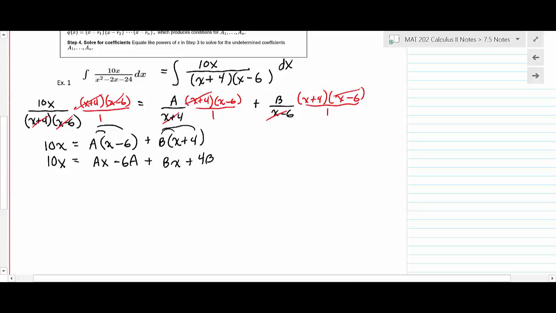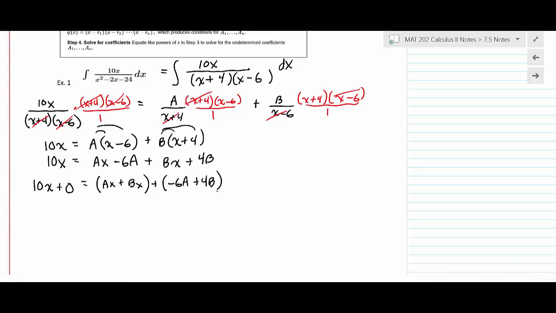Now what you end up doing is you put the x's together and the things that don't have x's together. So I'm going to write this as 10x plus 0. Then I'm going to put together the Ax and the Bx, and then the constants, the negative 6A and the 4B. If there are a few things you feel comfortable skipping a step on, that's fine, because what you're trying to do with all this work is build your system of equations.